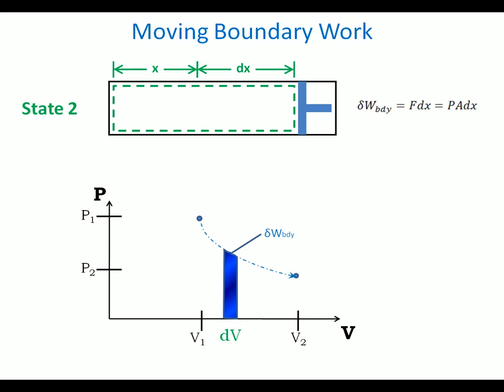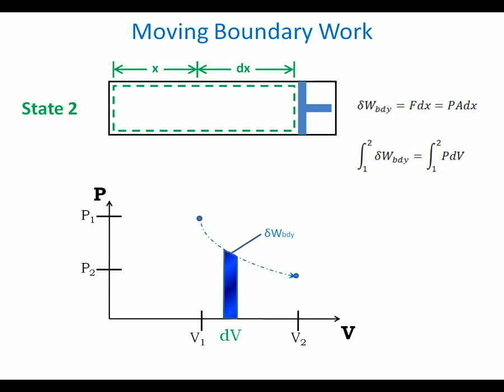Below, you see on the chart that this small differential of moving boundary work is based on the differential of volume. If we integrate del moving boundary work from state 1 to 2, we rewrite area times dx as the change in volume, because the volume has changed, even though only in the x direction.